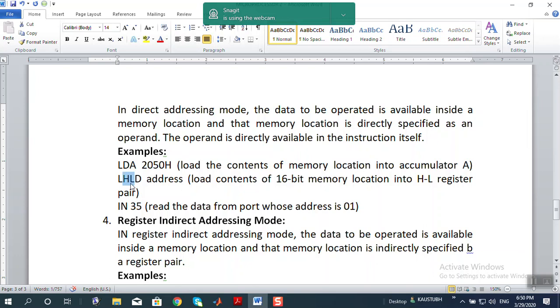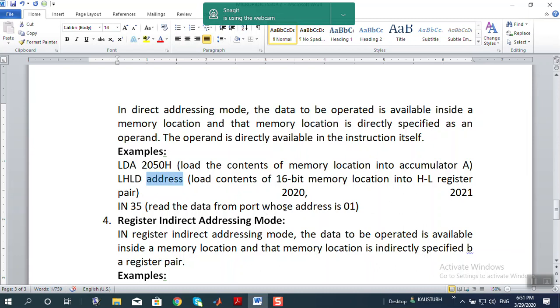So that means there should be 2 memory locations. Remember, in this type of case, those 2 memory locations must be consecutive. For example, if one is 2020, then the other must be 2021. But you are specifying here only 2020, obviously the first one.